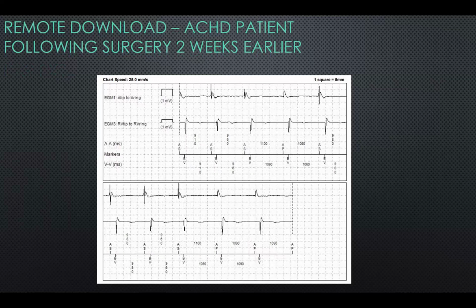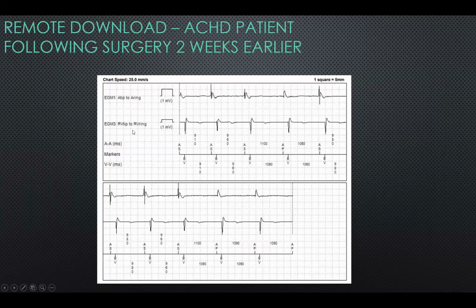So let's just review what these channels are. We have electrogram number 1, which in this case they're telling us is A tip to A ring. So that's the atrial lead. And then electrogram 2 is the RV tip to the ring. So this is the ventricular electrogram.